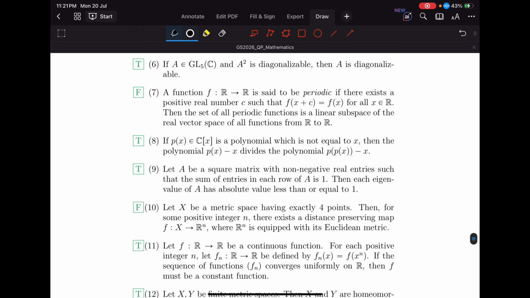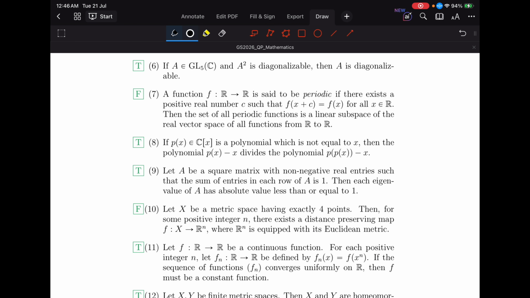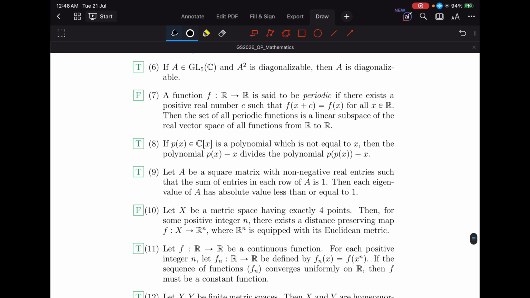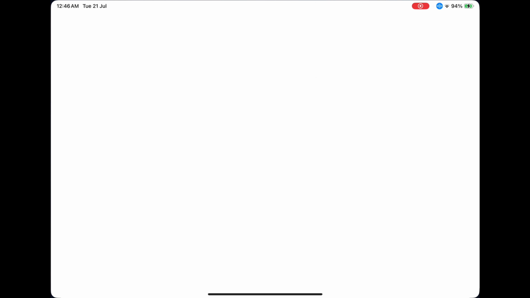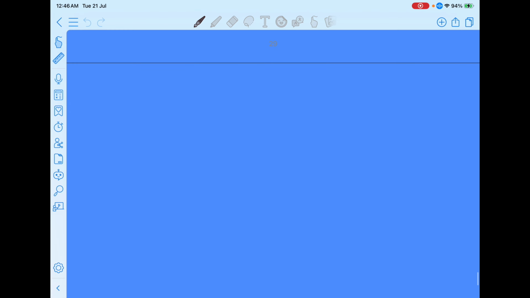Okay, so if A belongs to GL5(C) and A squared is diagonalizable, then A is diagonalizable. So let us do it here. A squared is diagonalizable and A is inside GL5(C), right?